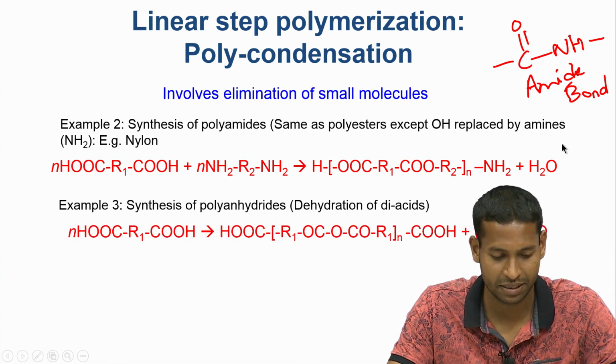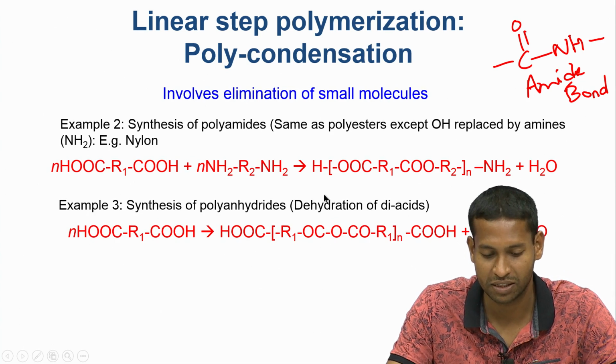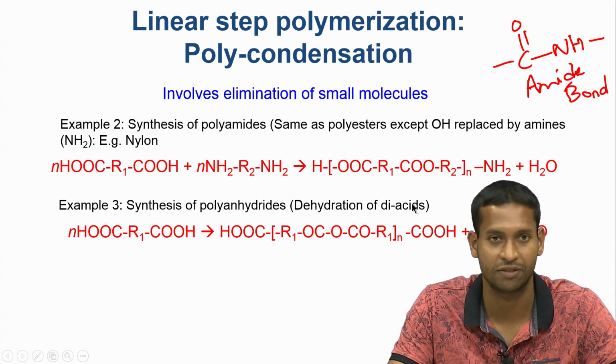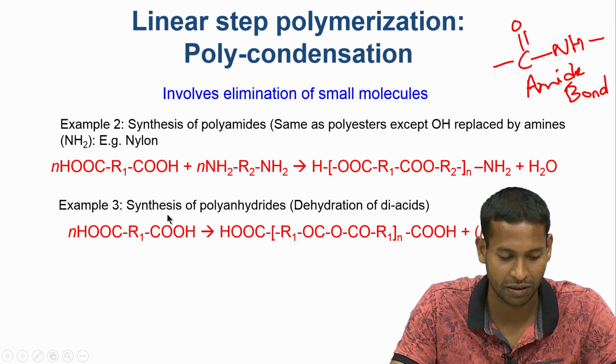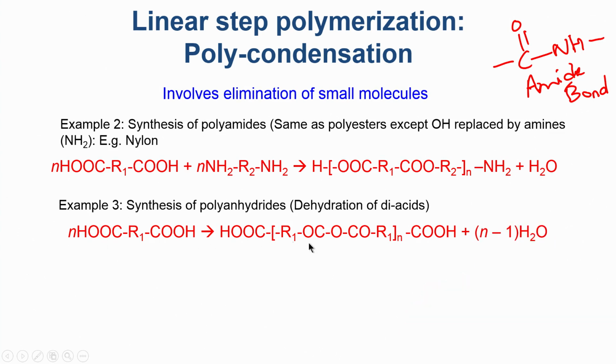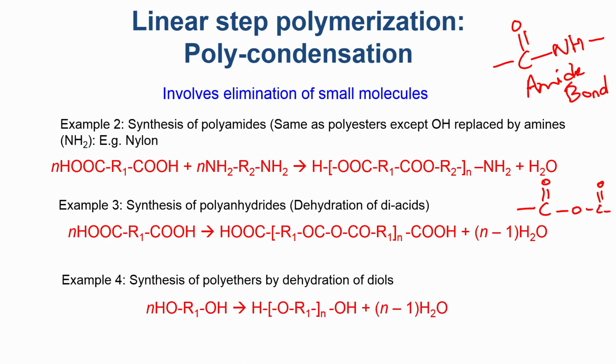Another example here is synthesis of polyanhydrides. This is a reaction of two different acids with each other. So, you could have a monomer R1 containing two different acids, and this will essentially react with itself to form this anhydride group, which is represented as this group, and you can have a polymerization happening like this as well.